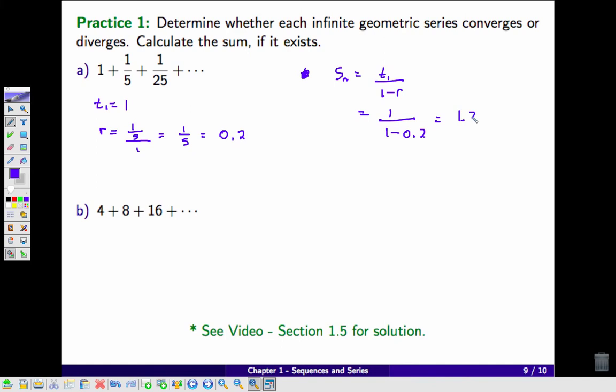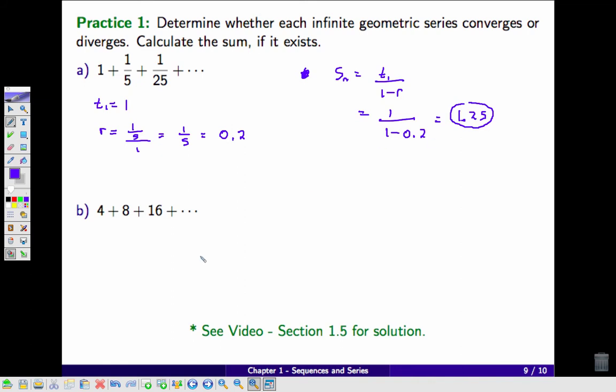You compute that, you get 1.25, which should make sense, because if you look at this, it has to be bigger than 1. Right off the start, you get 1.2, and from there it's going to keep slowly creeping toward this value, and it will never exceed it.